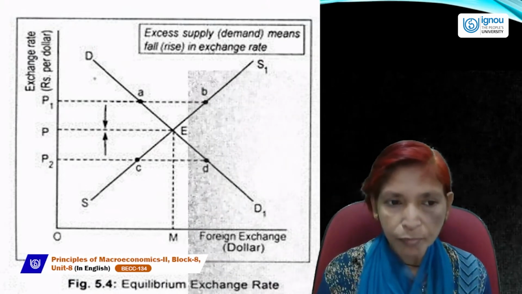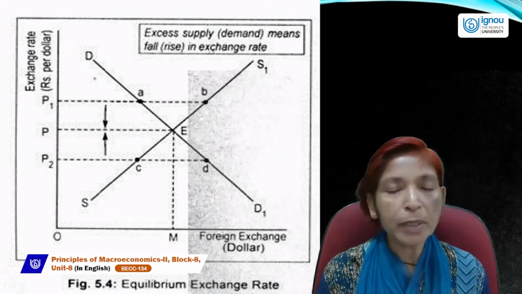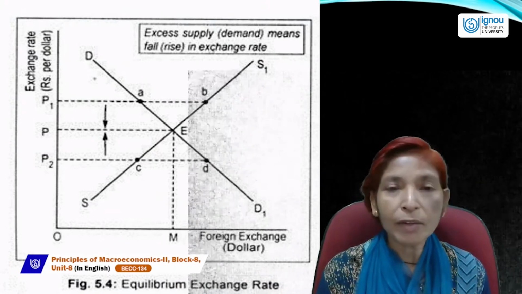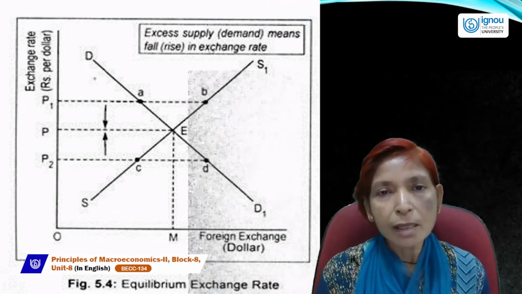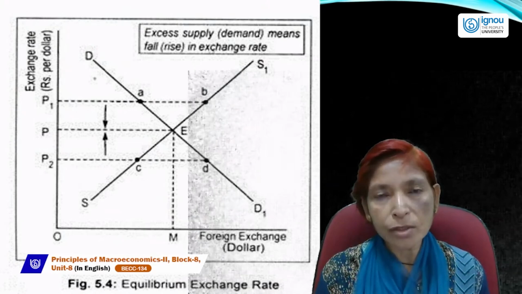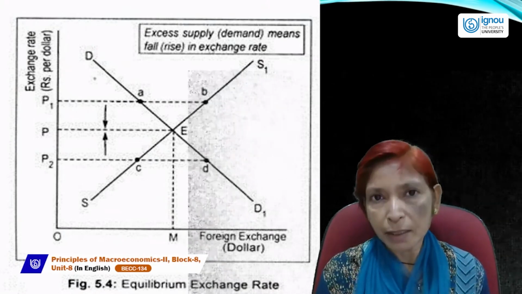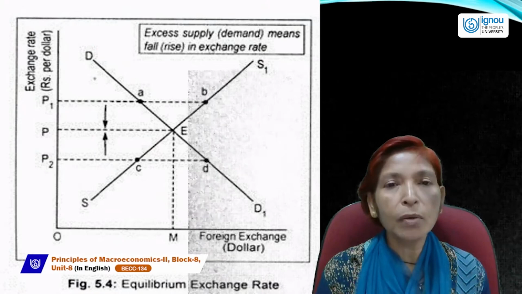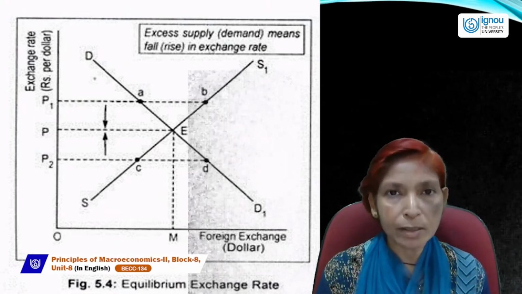But if the foreign exchange rate increases from P to P1, what will happen? If the exchange rate increases, then supply will increase because supply is positively related with the exchange rate. Higher exchange rate, higher supply. Lower exchange rate, lower supply. But demand is inversely related with the exchange rate.